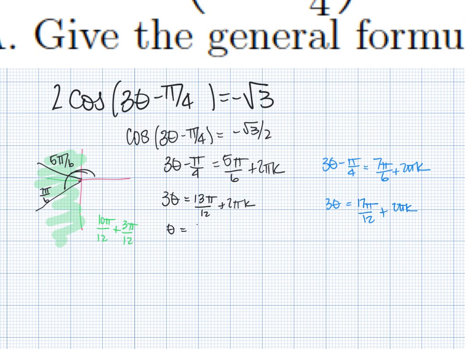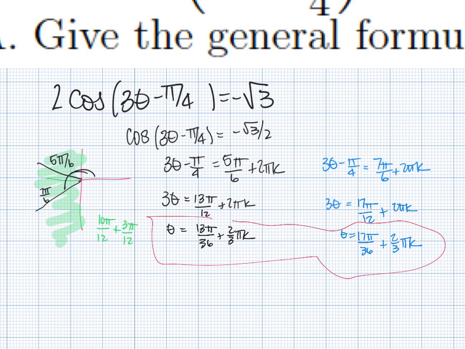So theta is going to be 13 pi over 36 plus 2/3 pi k. And here I'll get 17 pi over 36 plus 2/3 pi k. These are the two general solutions for this problem.